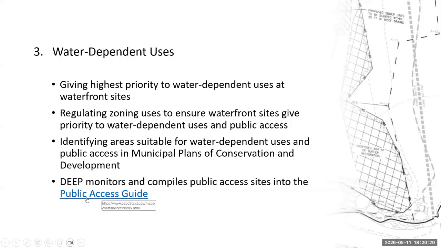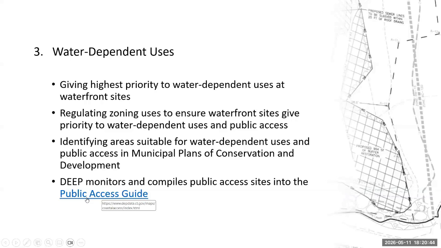Municipal coastal. Municipal. Thank you. That's how long ago it was that those were developed. And that was early on in the implementation of the coastal management program, where municipalities were really looking at their plans specifically for the resources that were present in their towns, the types of uses that were present in their towns.